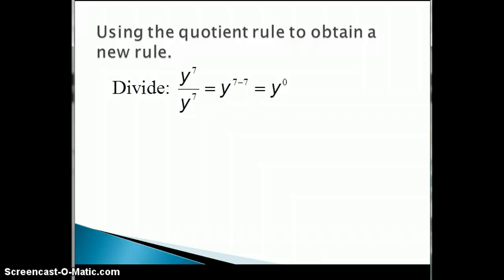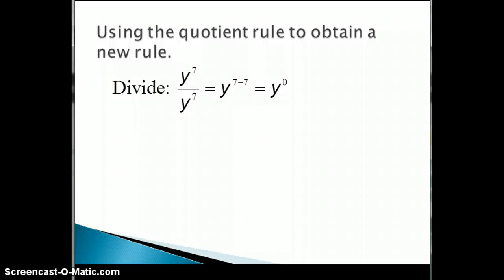So to come up with another rule that we're going to need, we're actually going to see how the quotient rule can be used to see how that rule comes about. So what if we had y to the 7th divided by y to the 7th?